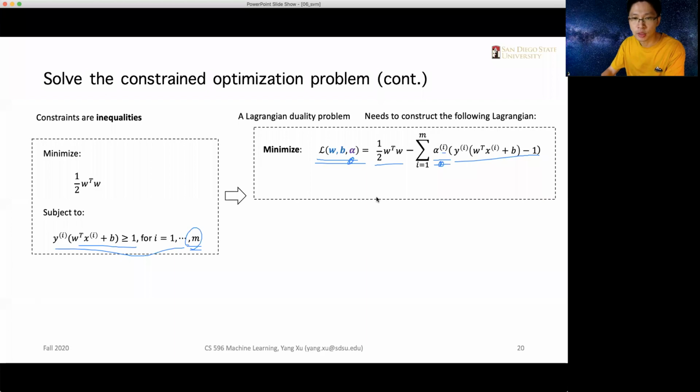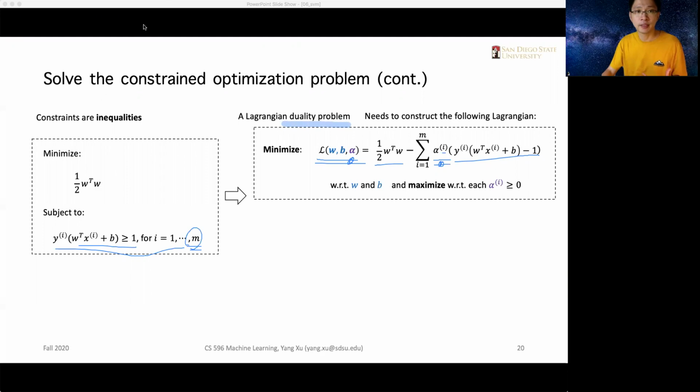And we also have one more constraint: all the alphas need to be greater than or equal to 0. It is called a duality problem because it's a minimize-maximize problem.